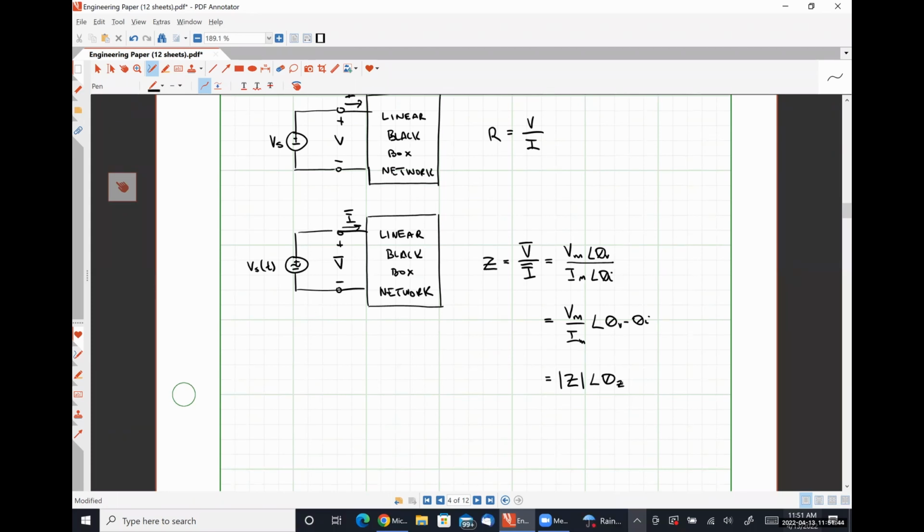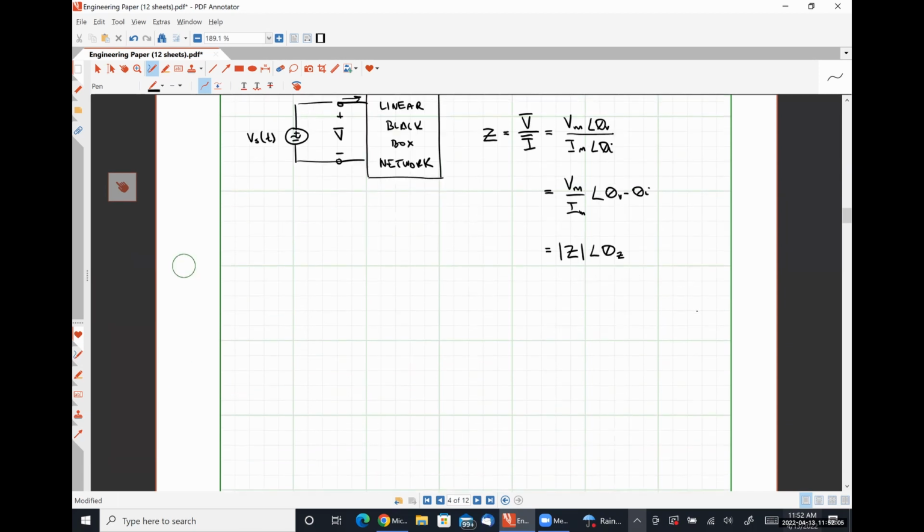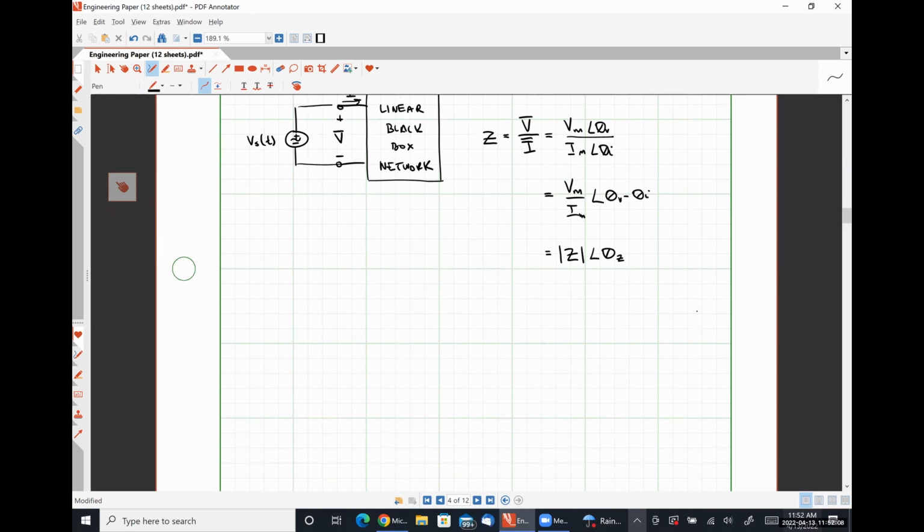So this is our polar form representation of impedance, coming strictly from it being the ratio of phasor voltage to phasor current. For our rectangular form representation, we're going to give each of the constituent parts a special name. Okay? So in rectangular form, our impedance Z can be written as R plus jX.